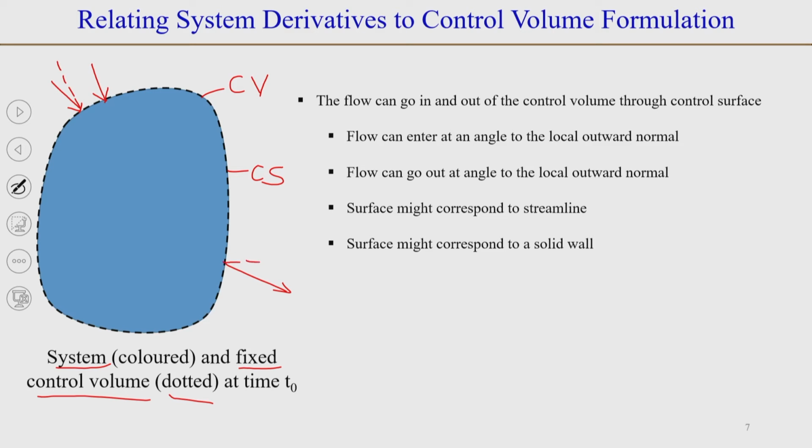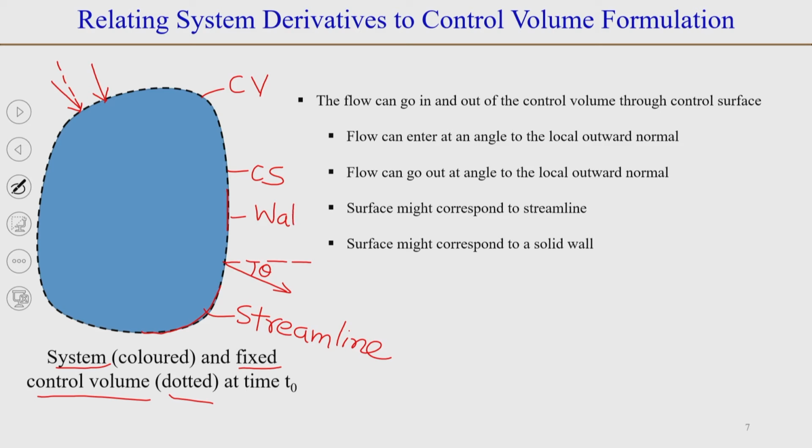And flow may leave the control volume either normal to it or at an angle to it, or the flow might be moving along the control surface. So, this line might be a streamline, or this might be a wall.